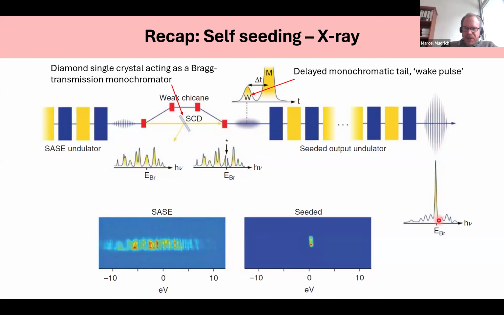In this way, we get the monochromatic component that is amplified, and we get a nice and sharp emission spectrum. So that's the self-seeding technique for the X-ray range.